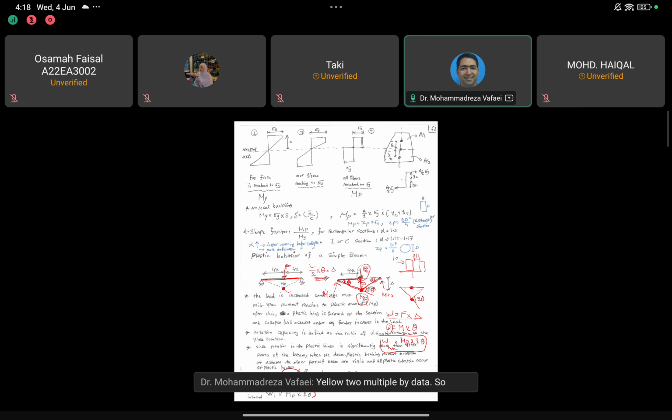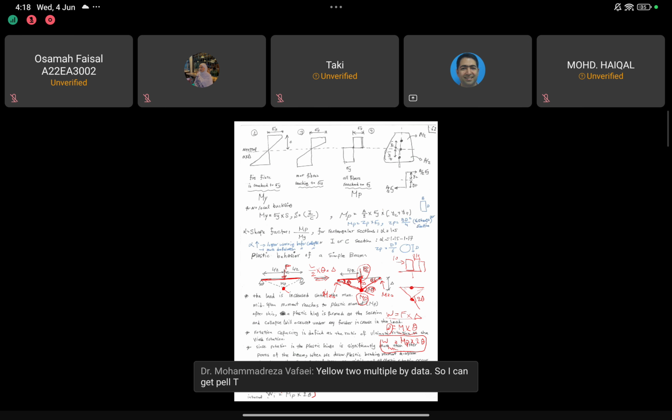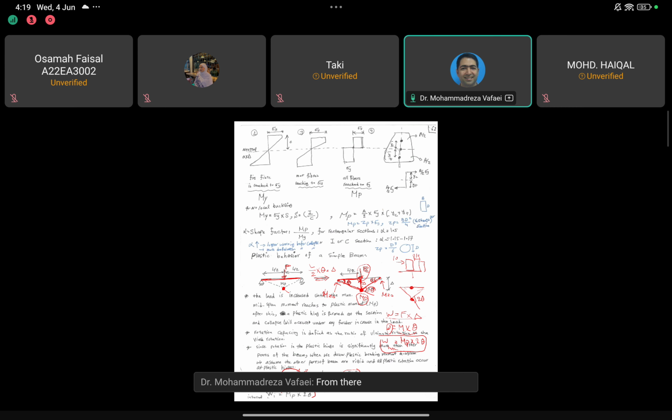So I can get P multiplied by L theta divided by 2. So this should equal to internal work. And if you do that, from there you can calculate this P. And since M equals to MP, P equals to P critical. And from there, you can see that the critical load equals to 4 MP divided by L. So what does it mean?